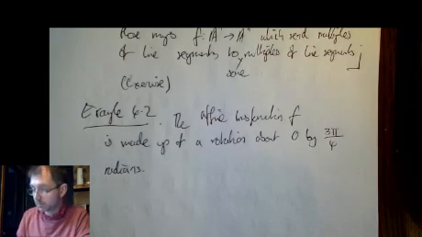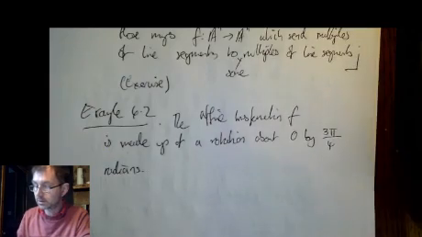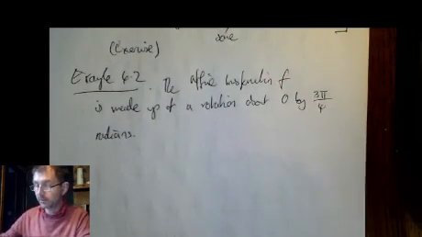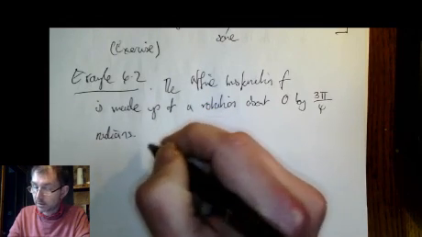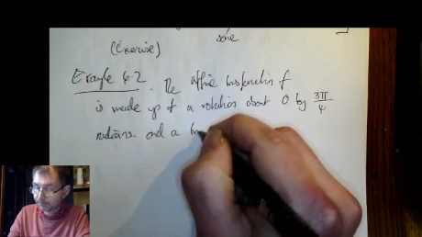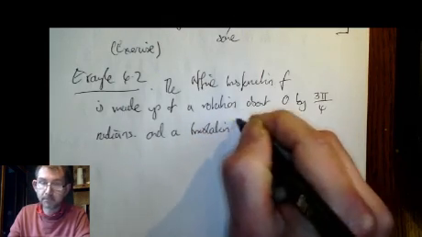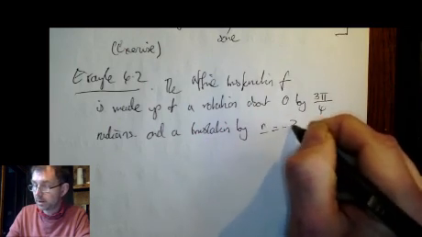So 2 pi is a whole turn. Divide that by 8, you get 1/4 pi, so that's 45 degrees. So this is 135 degrees. And a translation by a vector r, which is (0, -3).